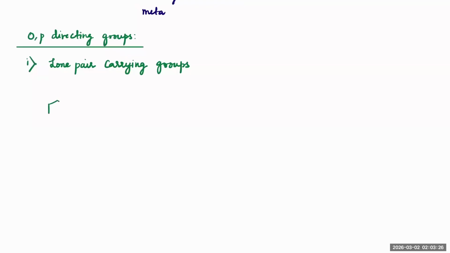If you have a benzene and directly there is something like NH2 connected here, where nitrogen has a lone pair on it, then if an electrophile is sent towards this molecule, chances are that with respect to this NH2, the electrophile will come at the 2 position, or at the 4 position.